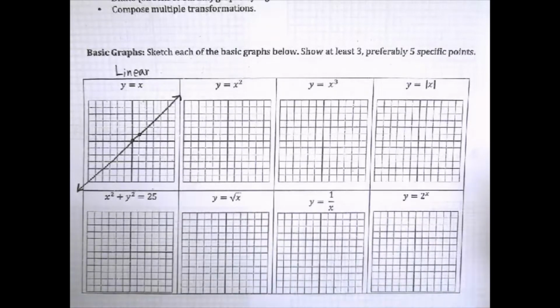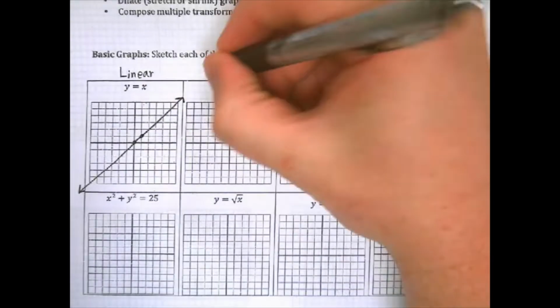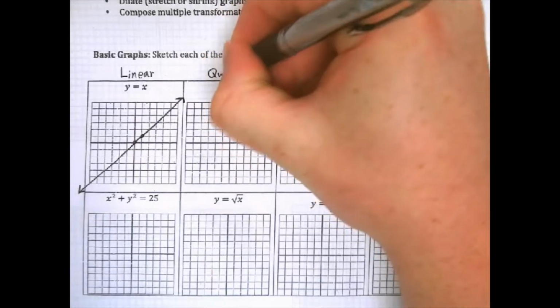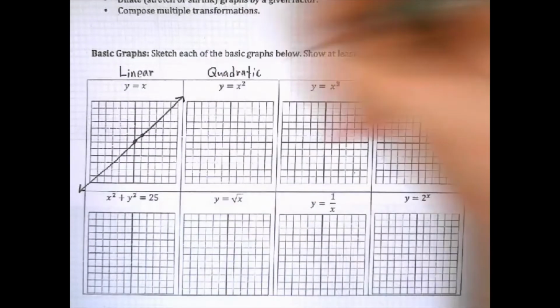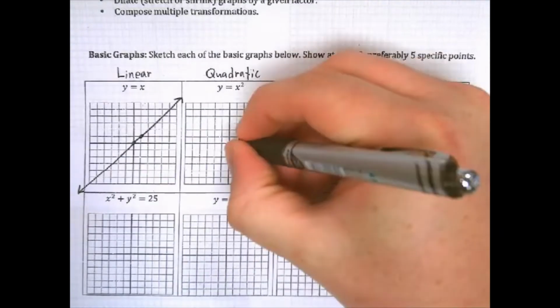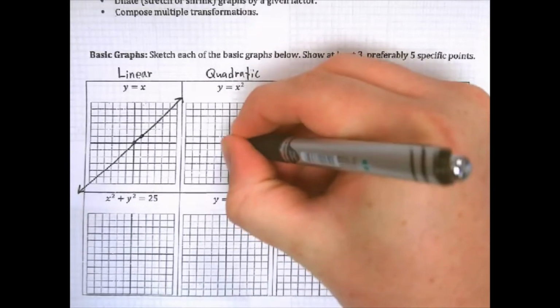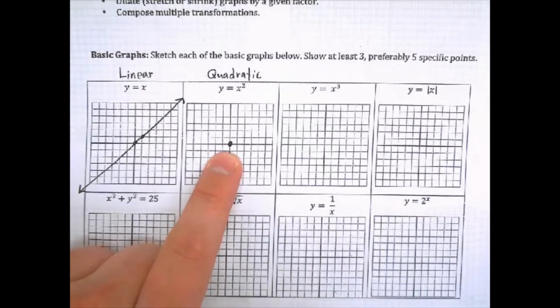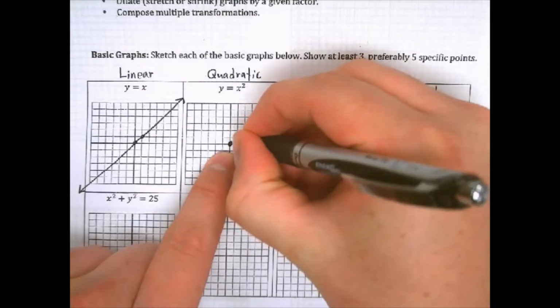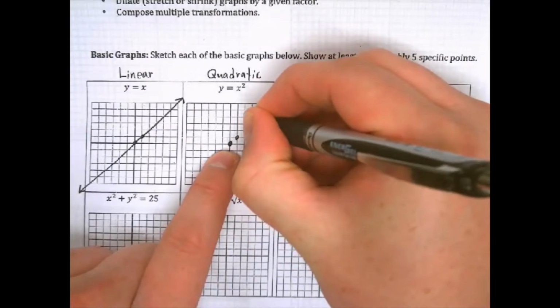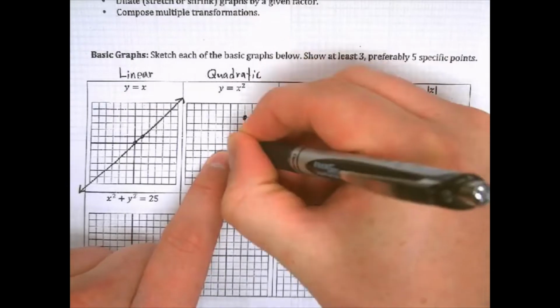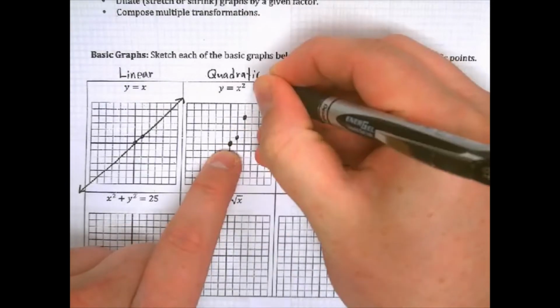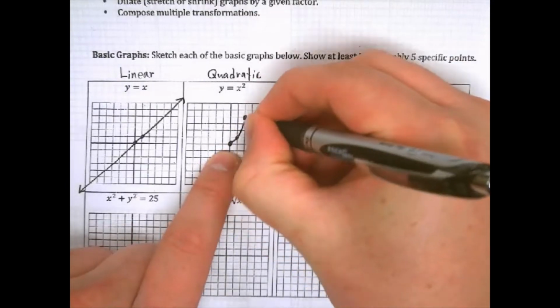Okay, the next function is a quadratic function where whatever you do x value wise, you square it. So 0 squared is 0, 1 squared is 1, 2 squared is 4, and then 3 times 3, which is 3 squared, is 9, and it'll end up going off the graph this way.